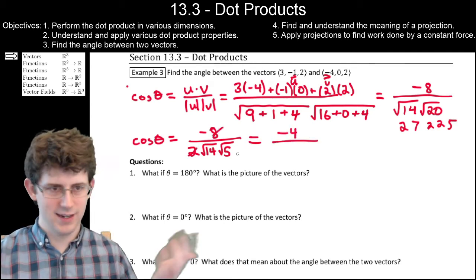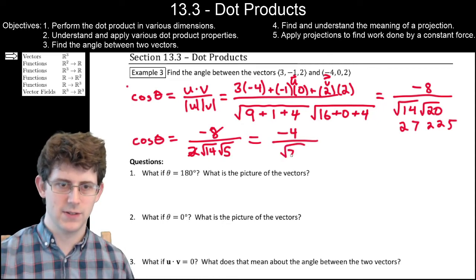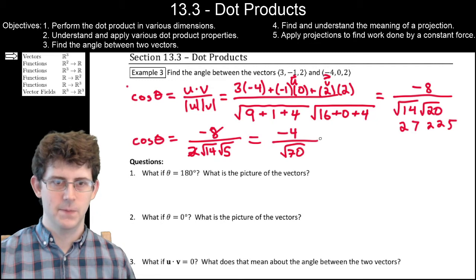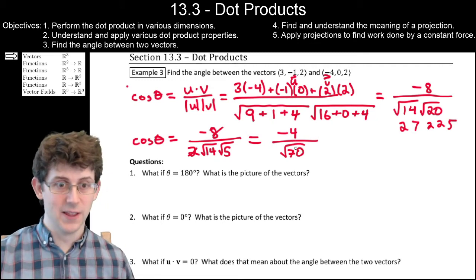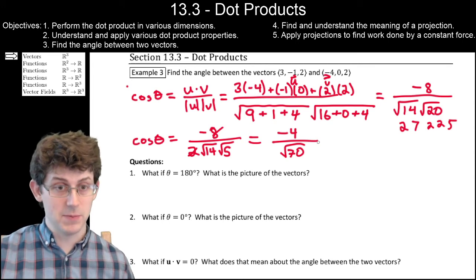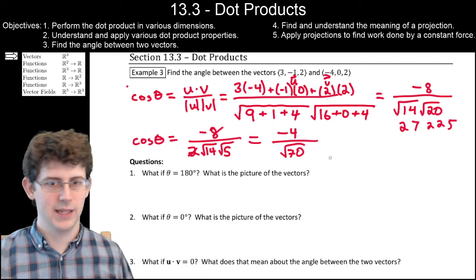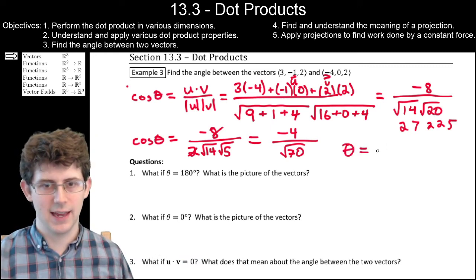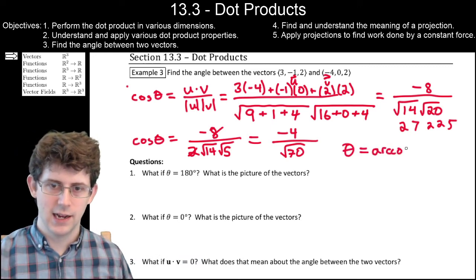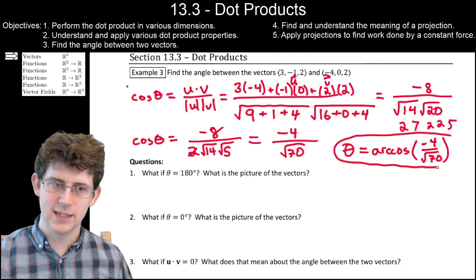In the denominator, nothing really good happens here. I get 50 and 20, so it's the square root of 70. I don't know any angle theta that has this cosine. I know that if the cosine of the angle is negative, I must be in the second quadrant, so it's an obtuse angle between these two vectors, but the only thing I can really give you is that theta is the arc cosine of this weird number. And that's my answer.